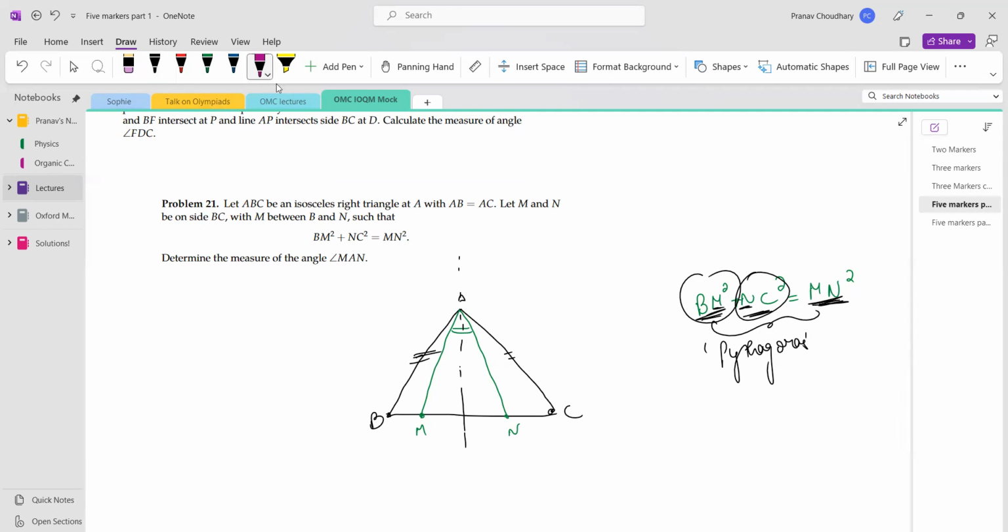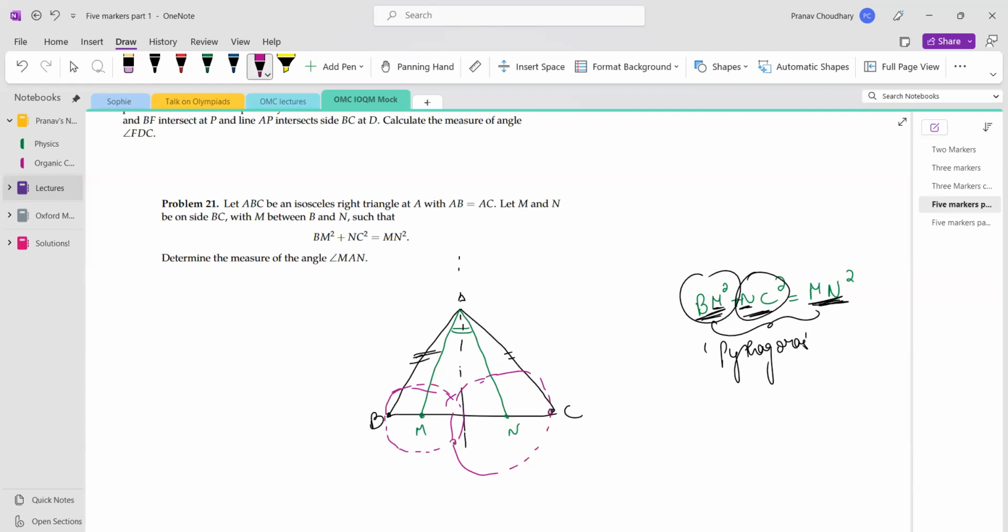So we take a circle with center M and radius MB, like a circle like this. And we take a circle with center N and radius NC, like a circle like this. And see at what point they intersect.